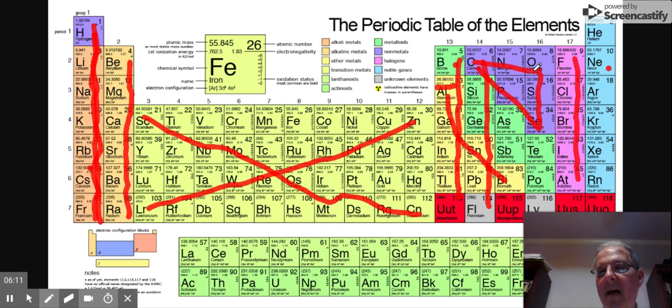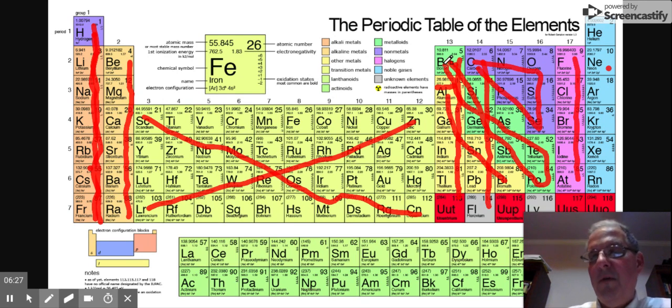And that's oxygen, nitrogen, carbon, sulfur, phosphorus. And then these green right here are called metalloids. Now those are some of the most interesting ones because they have properties that are similar to metals, but they also have properties that are similar to nonmetals.